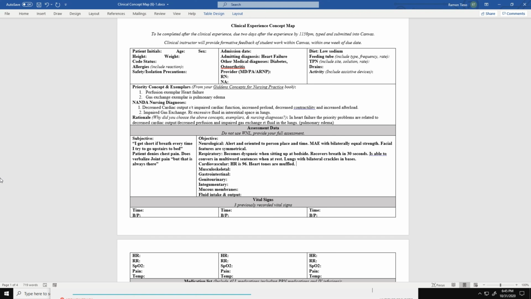You would say murmur auscultated at the site of PMI, point of maximal impulse, right? You know where that is, right? And that would be indicative of a mitral valve prolapse. Now, you wouldn't have to put that if you're not comfortable putting that where you hear it best, but you can say that it's auscultated there because that's where you should be listening to your heart tones.